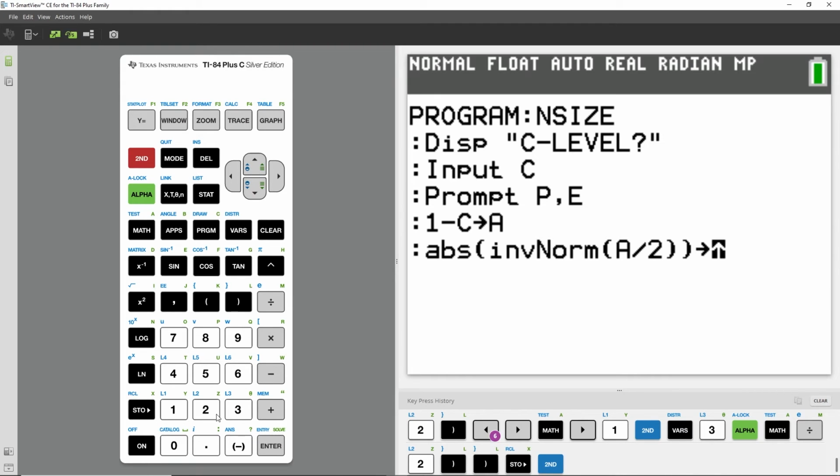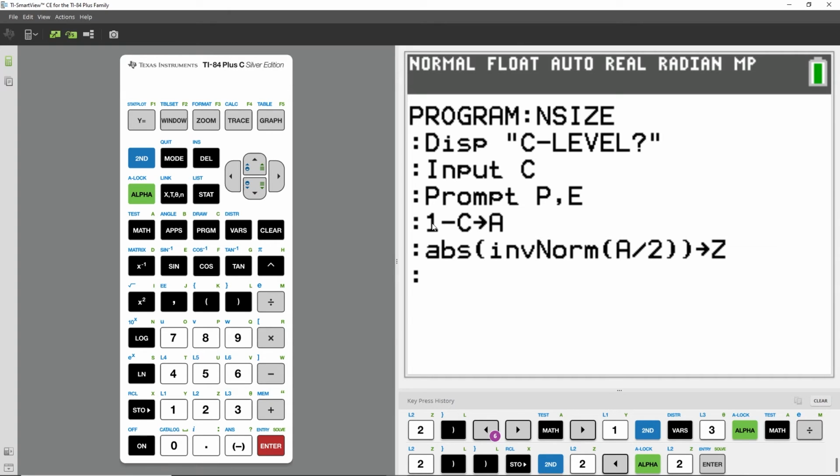And let's just talk about why this works right now. Alpha Z. I'm getting really slow at this. Alright, so when we do the inverse norm, let's say our confidence level was 0.90.